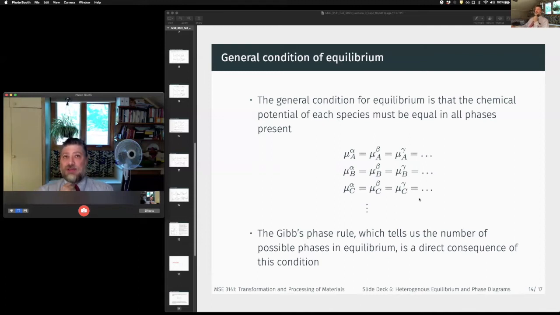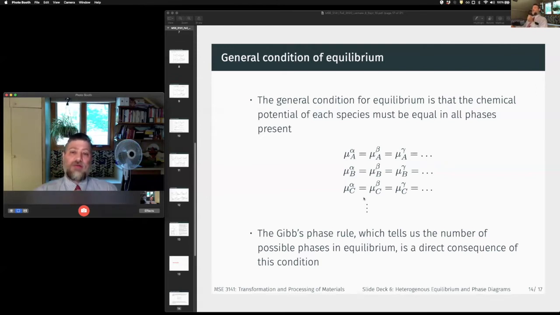And I can get there by varying a few degrees of freedom, which in that case happen to be temperature and pressure. Is it possible to have 4 phases in equilibrium in a different substance? What about if I have water and salt together? Can I have 4 phases in equilibrium? I don't know. But Gibbs figured out how to tell us.